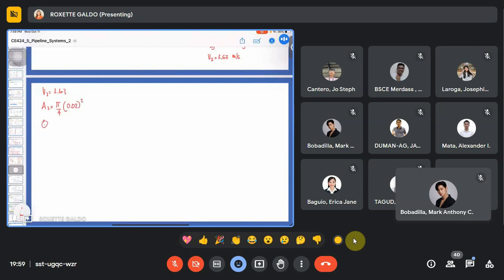So, therefore, Q is equal to pi over 4. Okay, let us just directly solve. A2, B2. Therefore, the discharge is A2, pi over 4 times 0.02 squared, times the velocity 2, which is 3.63. What is Q?